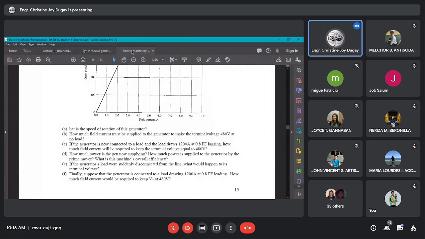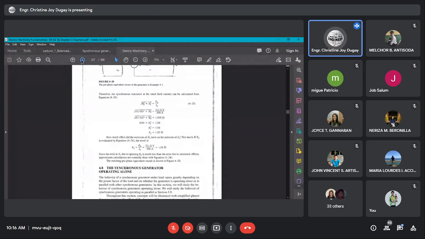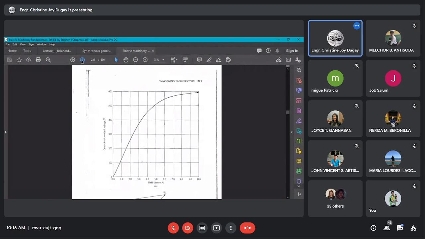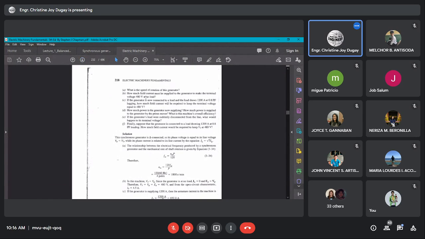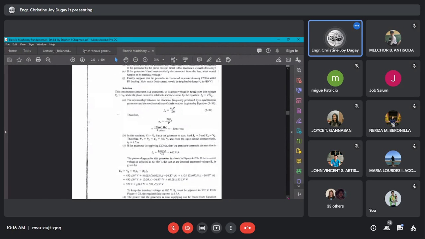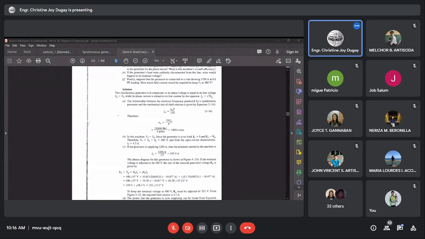How do we solve that? How do we find the speed of the generator? It is a 4-pole, 60 hertz machine. What is our equation for speed?